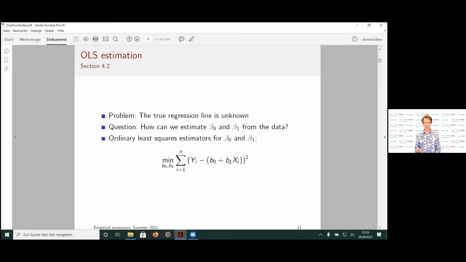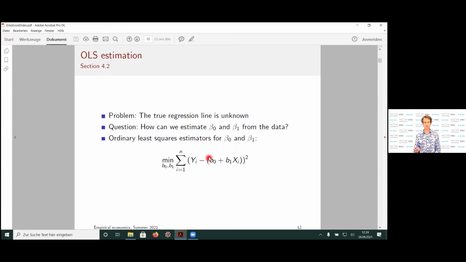Okay, so let's go again from inside to outside. First, we specify a regression line by its intercept b naught, which could be any value, and its slope coefficient b1, which could be any value. These values here are not the true values, beta naught and beta 1, but any values b naught and b1.